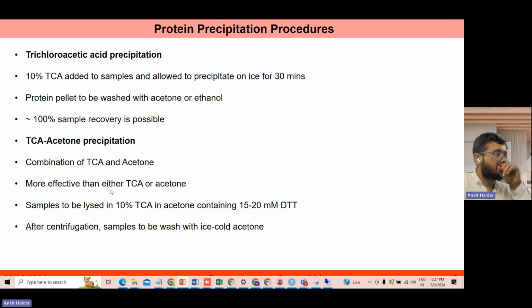So now, the combination of TCA and acetone. This combination is to be used when it can work more effectively than either TCA alone or acetone alone.